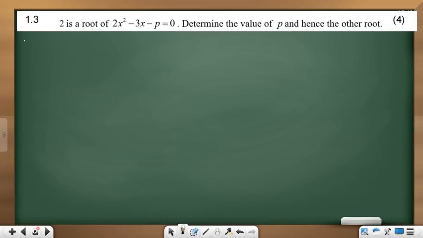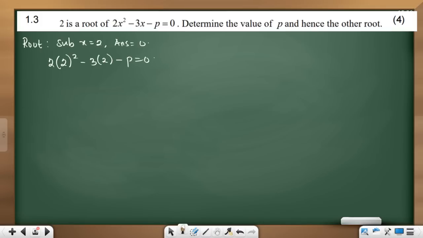Please understand what the word root means. It means that if I sub x as 2, my answer must be equal to what? 0. Straight. 2 squared minus 3. We are told to find the value of what? P and the other root.